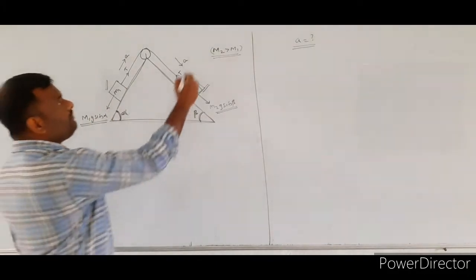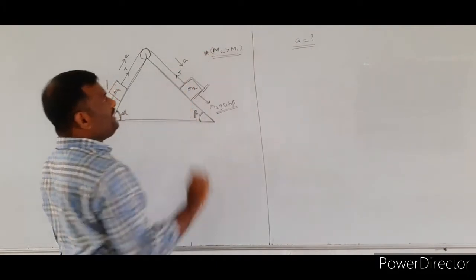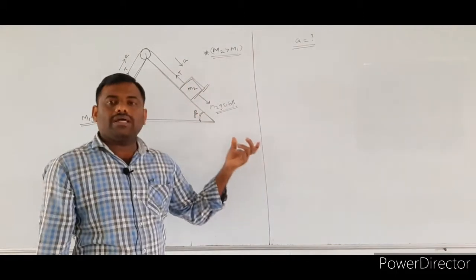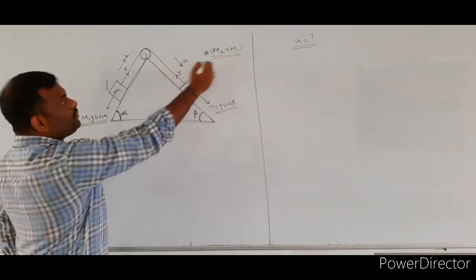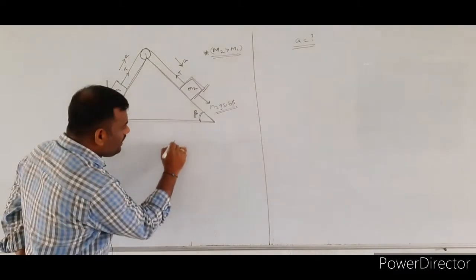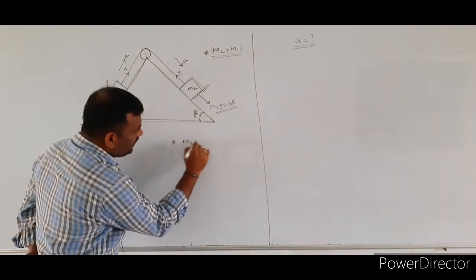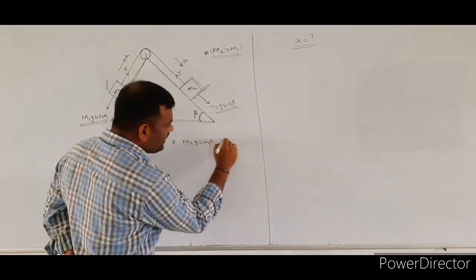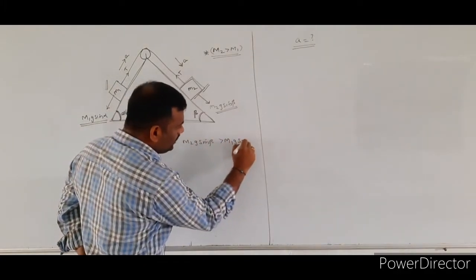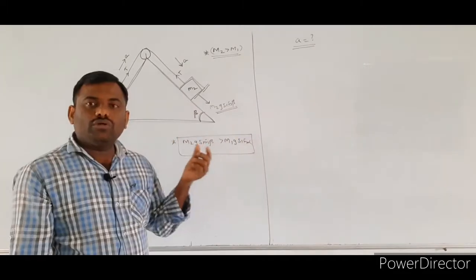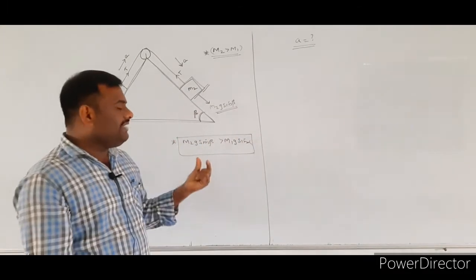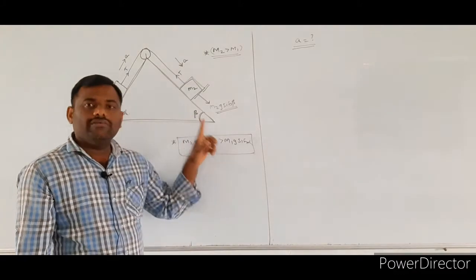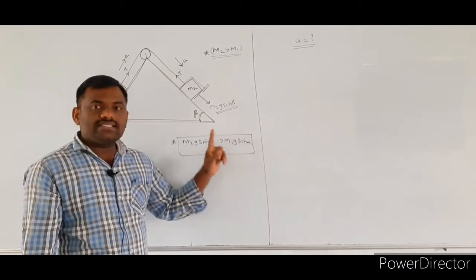Here we are assuming that m2 is greater than m1. So m2g sin beta is greater than m1g sin alpha. If m2 is greater than m1, clearly m2g sin beta will be greater than m1g sin alpha.